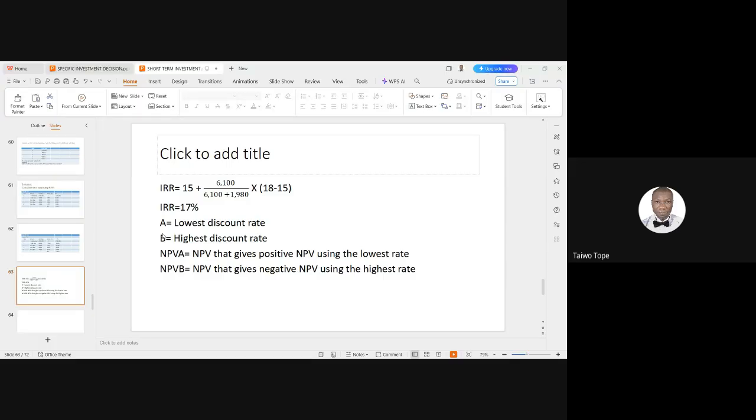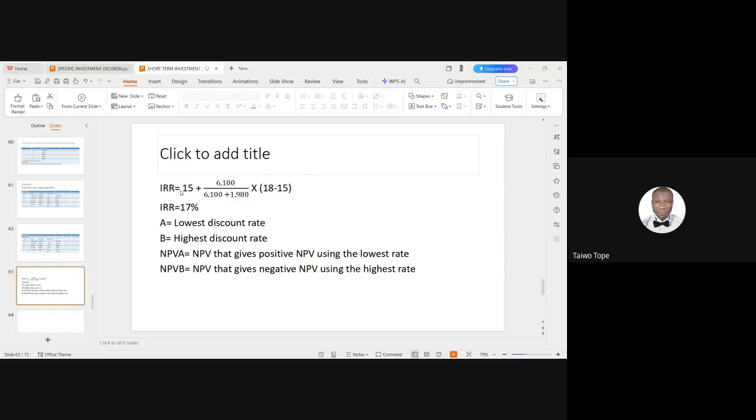But before we move into that, though we discussed it in the last class, let us talk about issues of relevant cash flows for capital investment. When we talk about relevant cash flow, we said these are cash flows that are important for decision making.